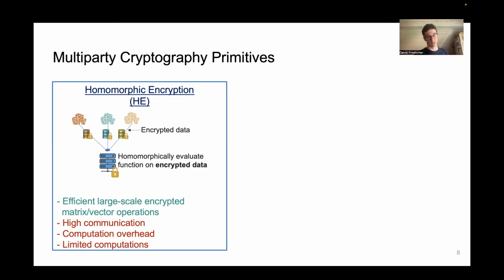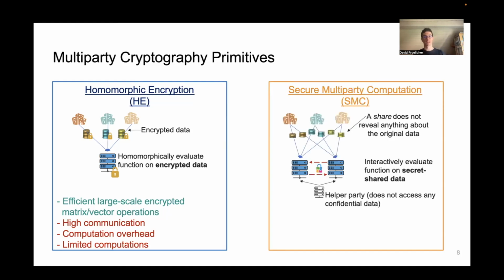this computation entity. An alternative cryptographic approach is secure multi-party computation, in which the institutes secret share, or split, their data into shares that they send to different computing parties, such that each computing party doesn't learn anything about the original data, as each share doesn't reveal anything about the original data, but the computing parties can collaborate in order to compute as if they were computing on the original data.